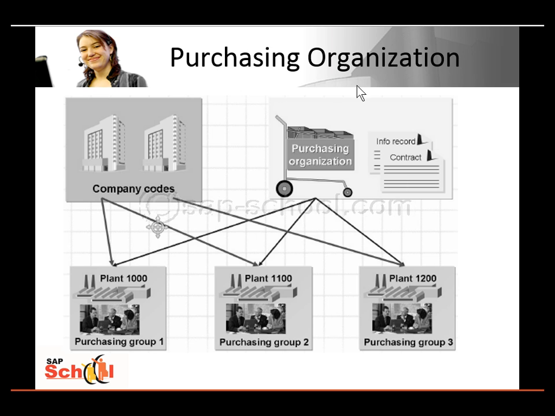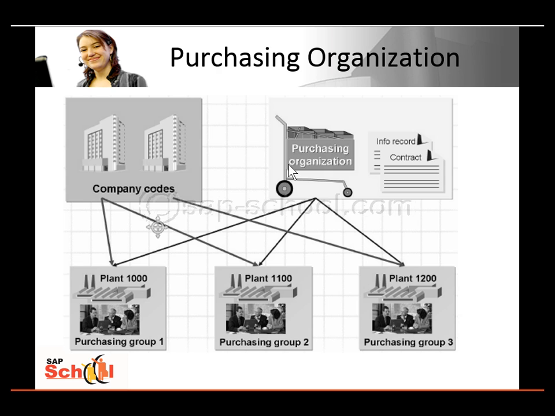A purchasing organization can be assigned to a company code. However, this assignment is not mandatory. Also, in addition, it must be assigned to all the plants for which it is active. Once you have assigned the purchasing org to a company code, you can assign it only to those plants that belong to that company code.